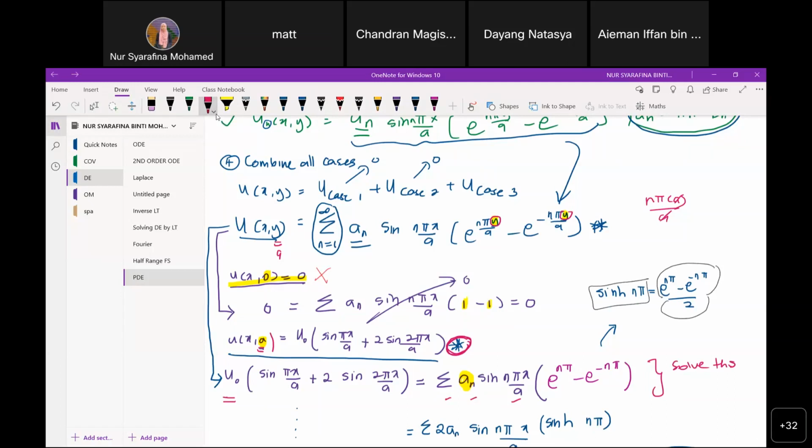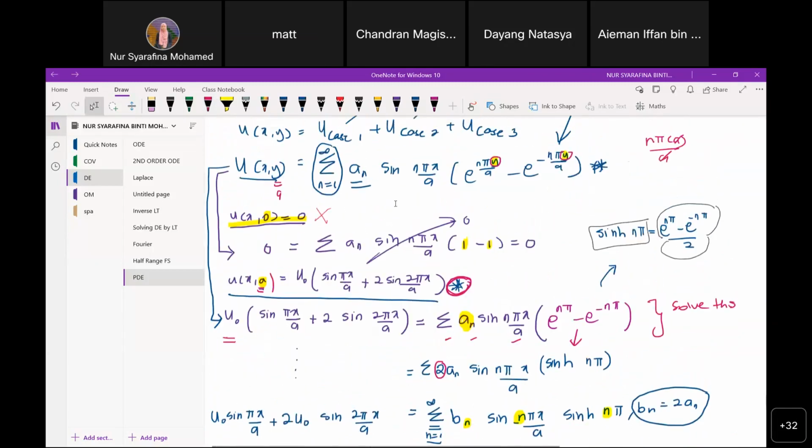If you want to use the exponent, it is also doable, but we want to avoid some complicated expression. You know that exponent n pi minus exponent minus n pi over 2 is sine n pi. So if we want to substitute this sine, we have to create another value of 2 in order to eliminate that 2. Understand or not?